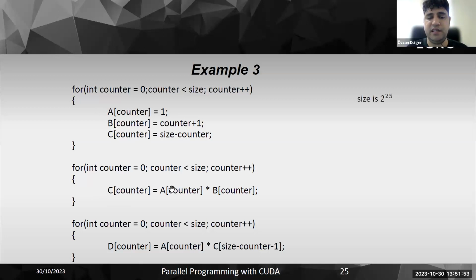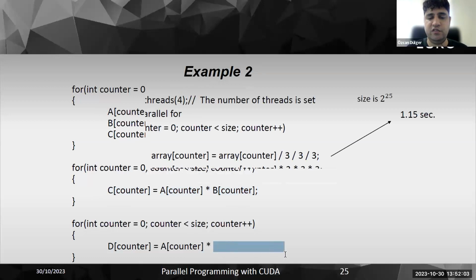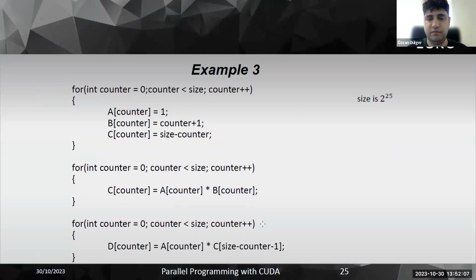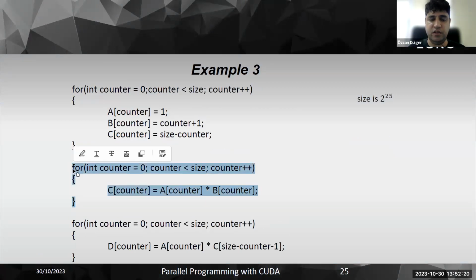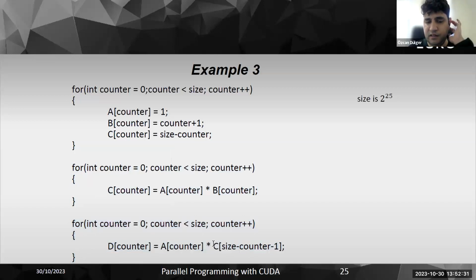And we do a multiplication and set the result of this multiplication to the array C. And in the third loop, we use the latest value of array C. If we examine this code carefully, as you see, once this loop is executed, the second one will continue, but here the latest value of the C array is accessed in this for loop.